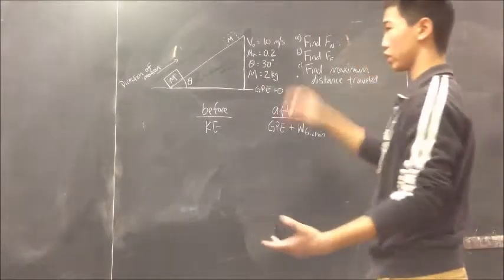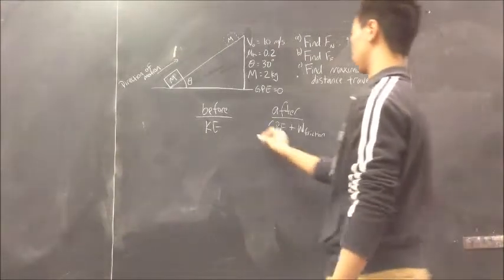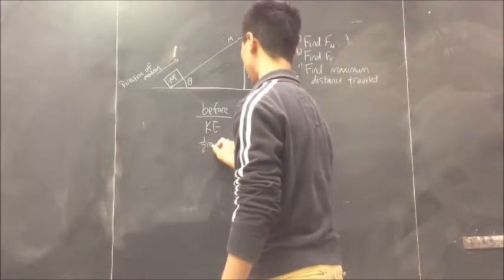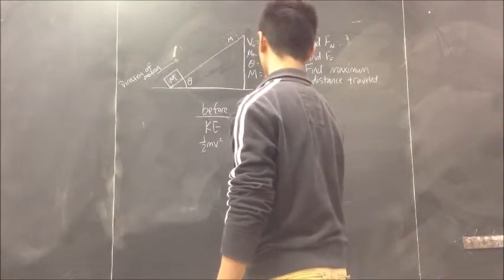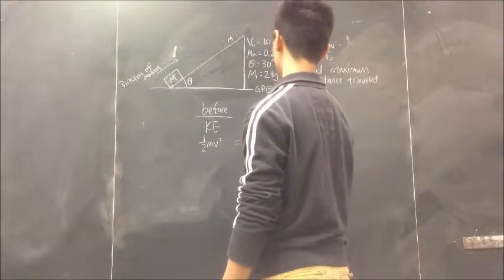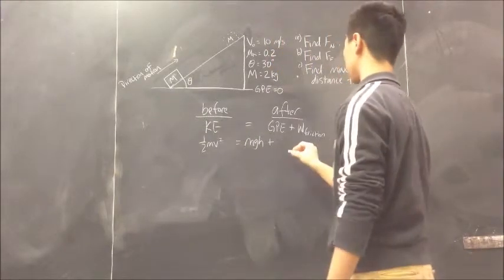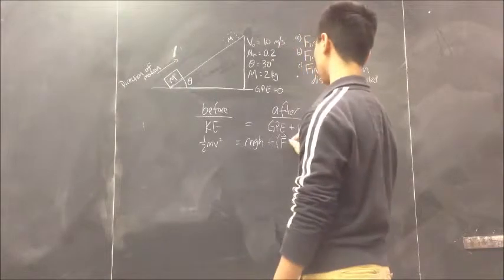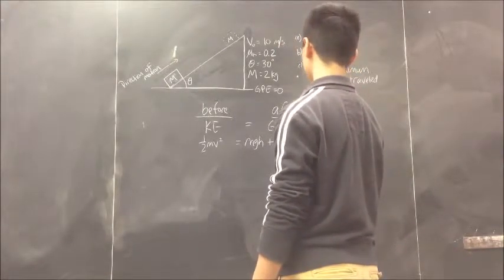And because everything here is going to be conserved, we know these two will be equal. So kinetic energy is 1/2 mv squared. It's going to equal GPE, which is mgh. And the work done by friction is the force of friction vector dotted with the displacement vector.